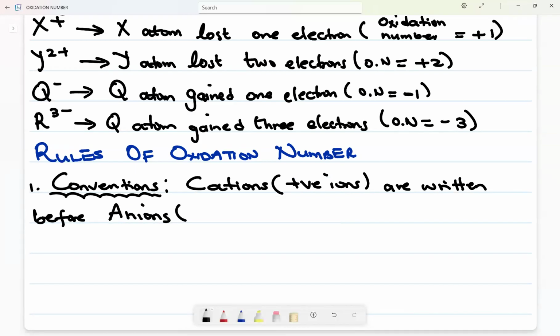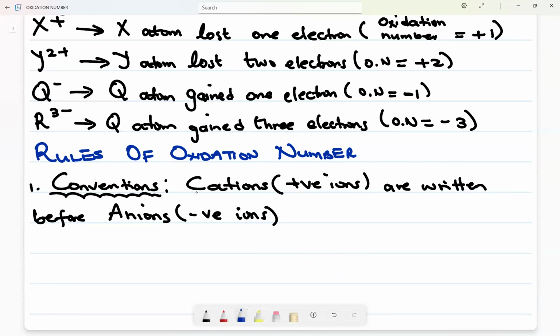You still remember cations and anions from grade 10, right? If you don't, it's fine. It is a cation if it is Ca2+, it has a positive charge. It is an anion when it is, let me see, NO3-.